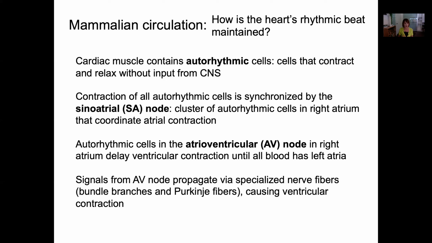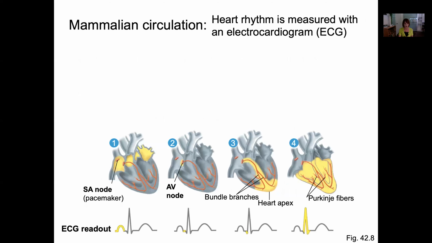And the signals from this node are propagated via these specialized nerve fibers that I'll show you in the next figure. Okay, so here we go. This is what we were just talking about. And so if you've ever had an electrocardiogram done, this is what is being measured. And so we'll walk through what's going on with electrical activity in the heart.